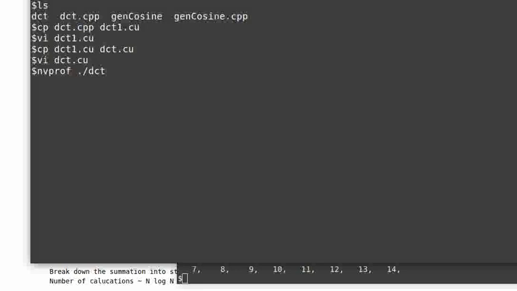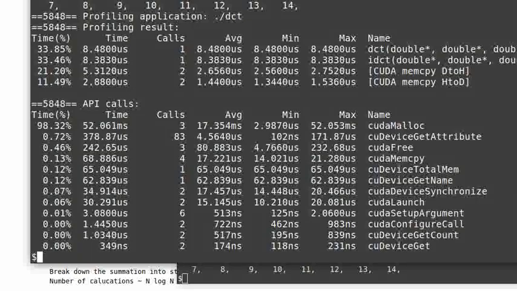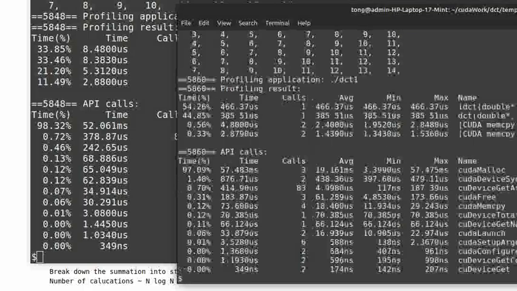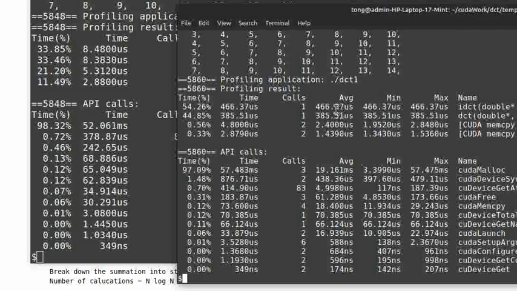DCT with multi-thread. Now you can see that the DCT and IDCT only require 8 microseconds, as compared to the other case we had using one thread. So it requires that long to do it.